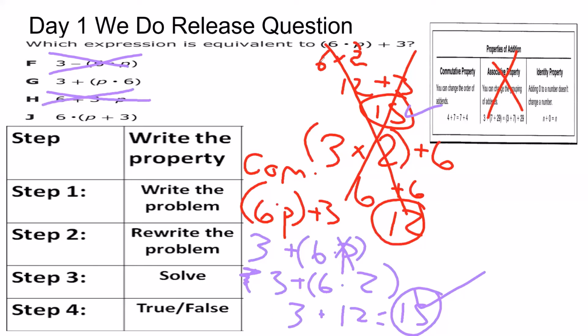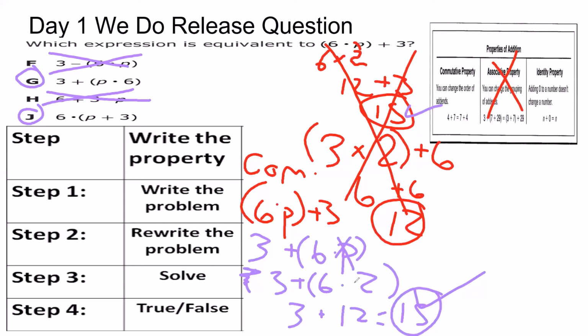We have G and we have J. Which one is equivalent? Well, when I look at J, J is equivalent to what I wrote, which gave us 12.